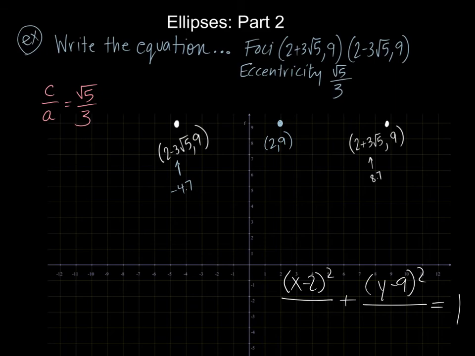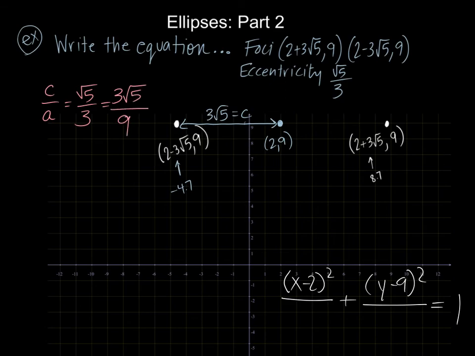And actually, we can tell that the focal radius, this distance right here, from the information given, is 3 times the square root of 5. That's our c right there. So c over a is this ratio, but that came from 3 times the square root of 5 over 9.